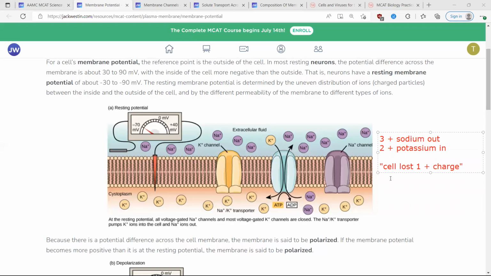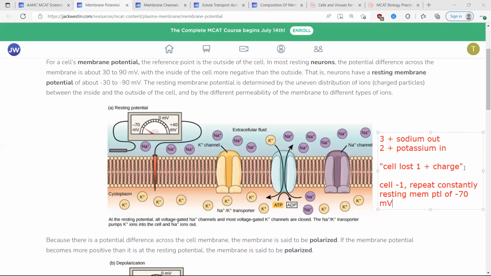If the cell lost a positive, and this is happening a bunch of times, then this accumulates into an overall slightly negative charge of the membrane. With each transaction, the cell is basically getting a -1 charge. And so repeat constantly, and then you eventually get a resting membrane potential of -70 millivolts.